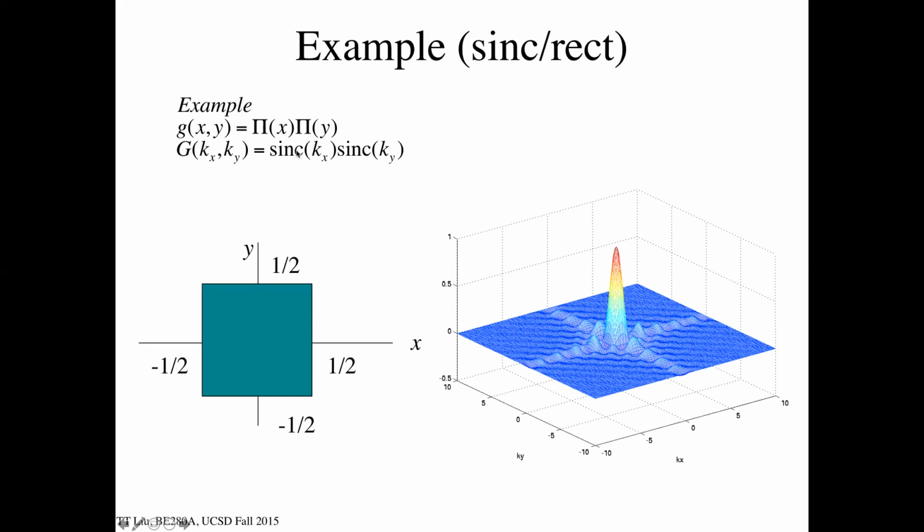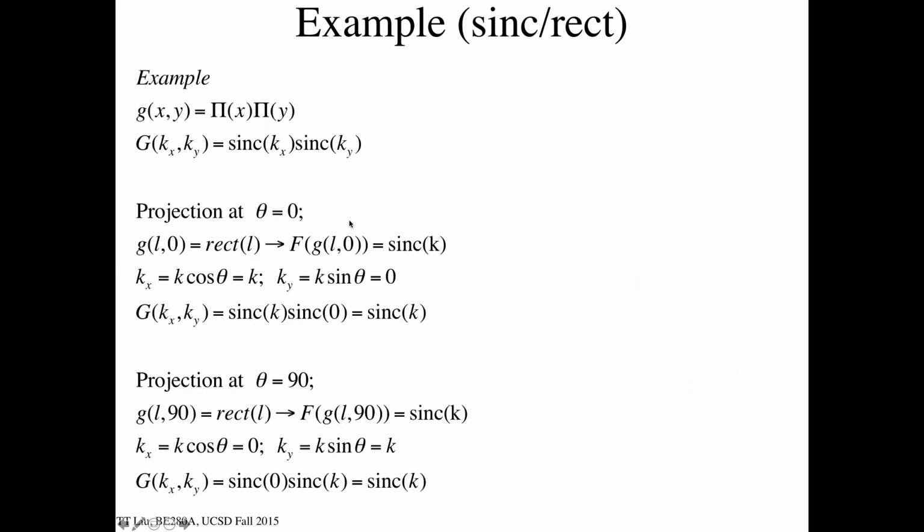And so we know the true underlying function and the Fourier transform, and then we can just show the projection at theta equals 0. In this case, g(L, theta) is just rect(L), because when we're projecting through 0, we integrate across the square and we just get another rect function. And the Fourier transform of that is sinc(k), which is just a sample through the two-dimensional sinc function we've got.